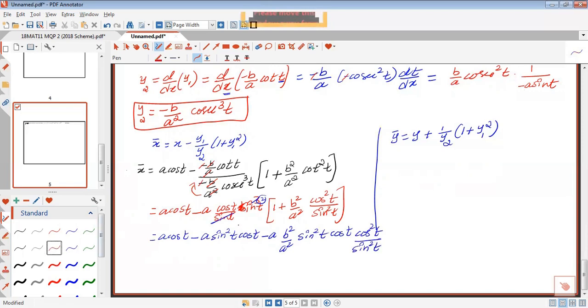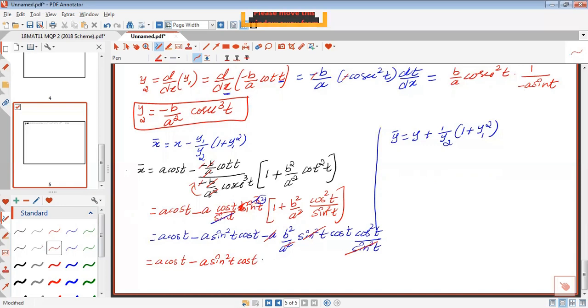So some of the terms get cancelled, one of the a gets cancelled here, and here sin square cancels. So we will get a cos t minus a times sin square t cos t.